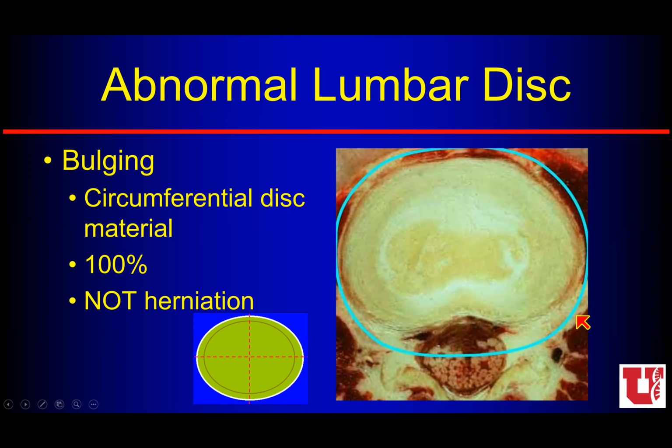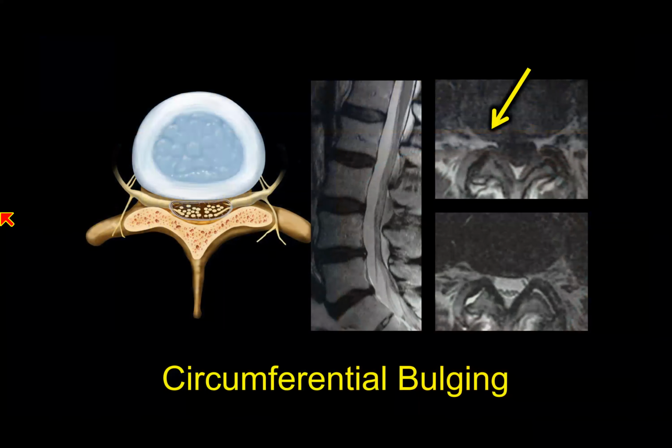So if the disc material is extending 100% all the way around, so every quadrant beyond the end plates, that's circumferential bulging. So here's a nice graphic showing that circumferential bulging in a correlating case. Sagittal T2, we see what looks like some bulging anteriorly and posteriorly. And if it extends all the way around, 100% each quadrant, that's going to be a circumferential bulge.